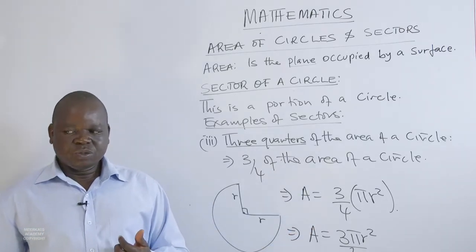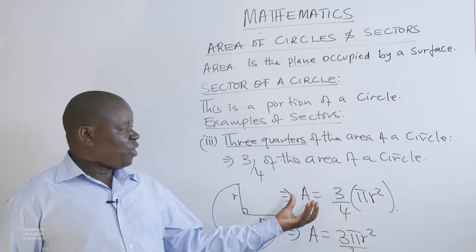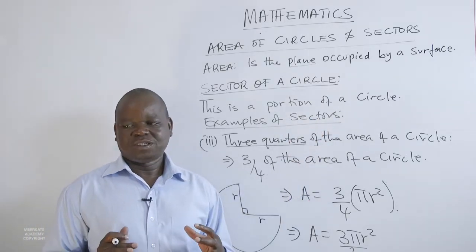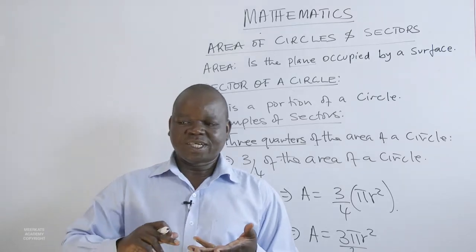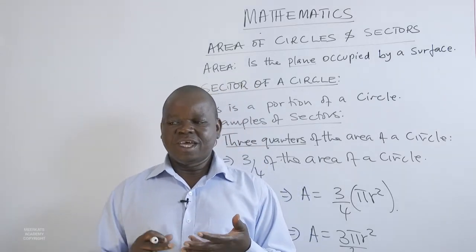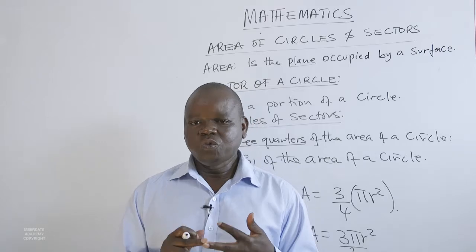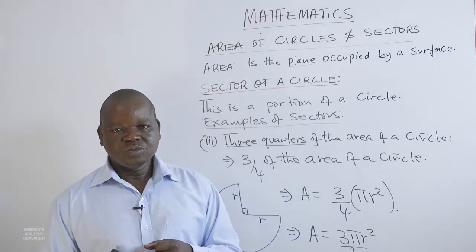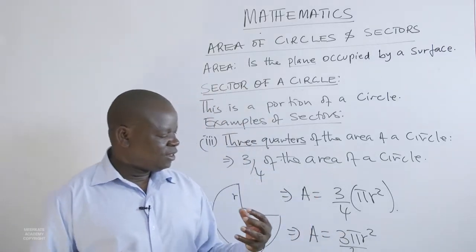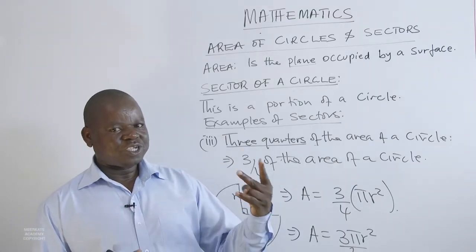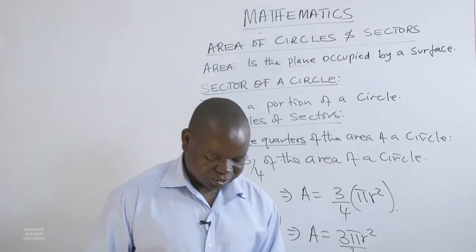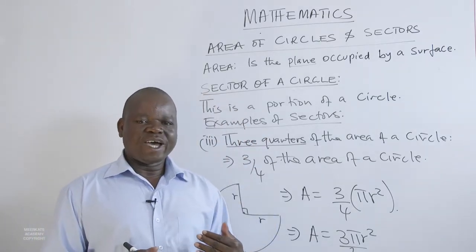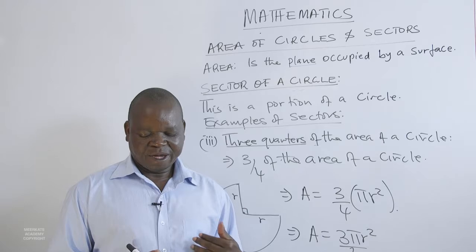But suppose now the portion of the circle we are given is not a quadrant, not a semicircle, nor is it 3/4 of a circle. What do we do? Is it possible to find the area of such a portion?